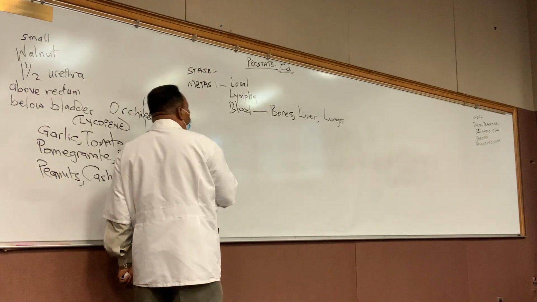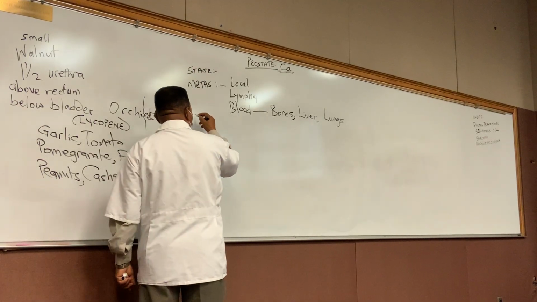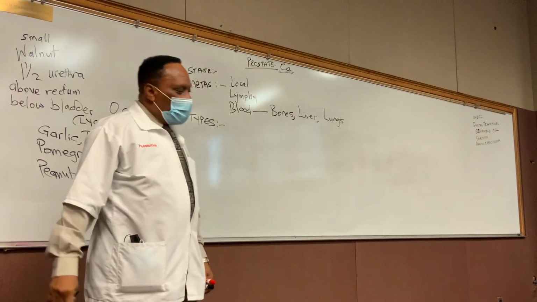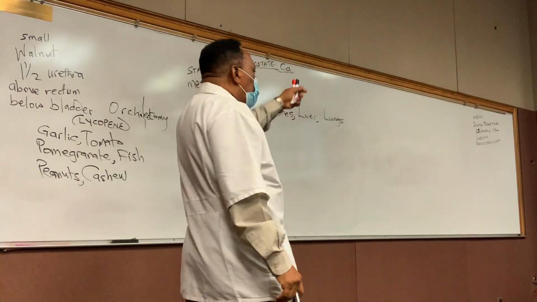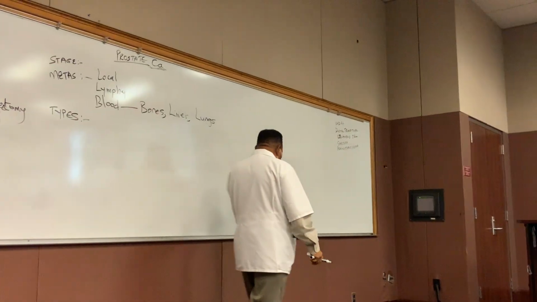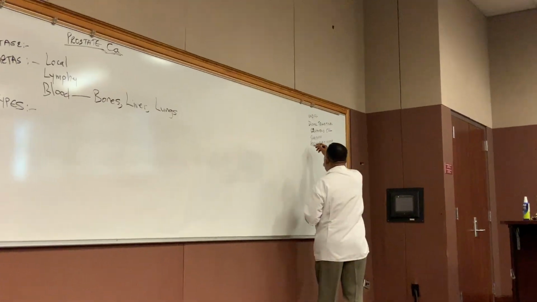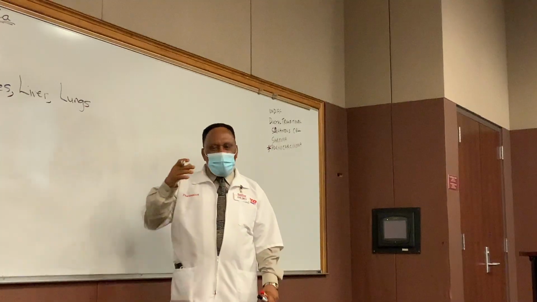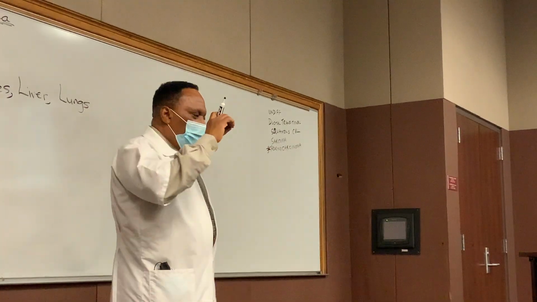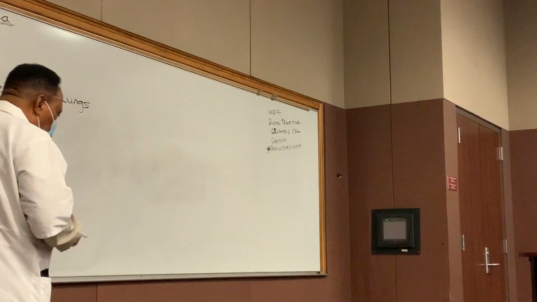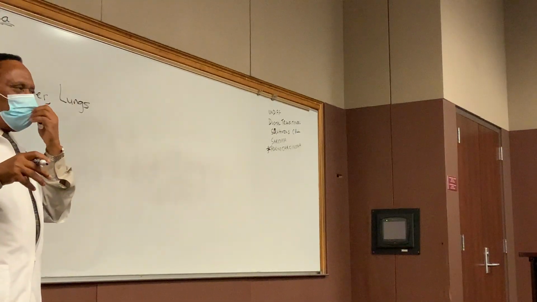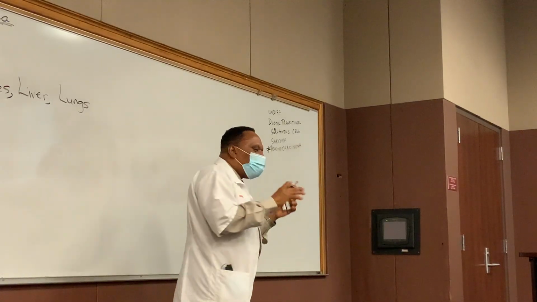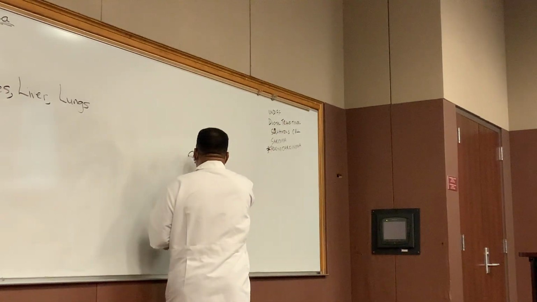So if we look at the types of prostate cancer, those are the ones I've written up there. The most common type, of course, is the adenocarcinoma. That is because the prostate gland mainly contains glandular tissue.